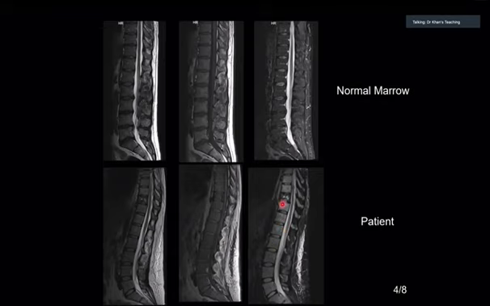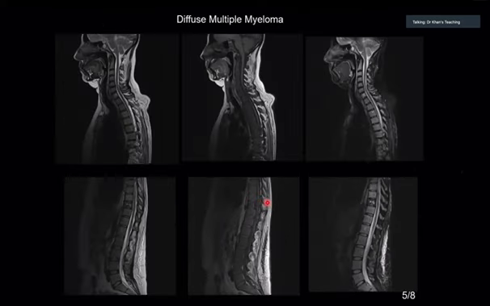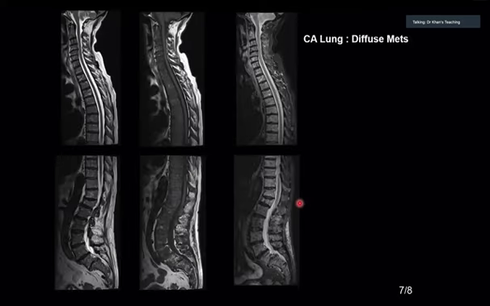Anything which is low on T1, high on stir means problem. It can be infection, it can be anything infiltrating. So this was diffuse multiple myeloma. And this is a case which is a diffuse case of carcinoma lung.